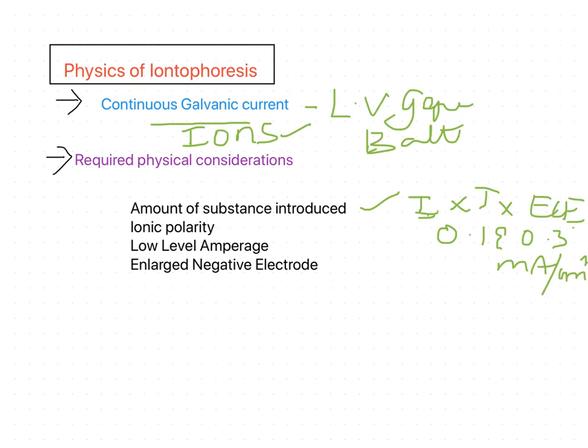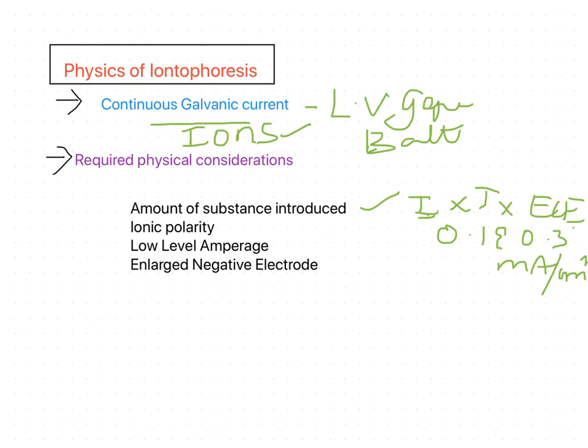The basis of successful ion transfer lies in the physical principle that like poles repel and unlike poles attract. That is the main principle. The ions, being charged particles with positive or negative valencies, are repelled into the skin by the identical charge on the electrode surface placed over it.